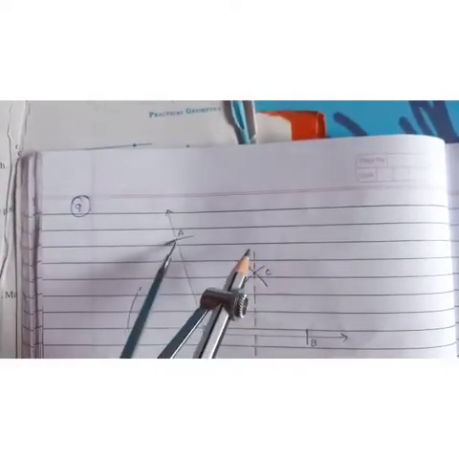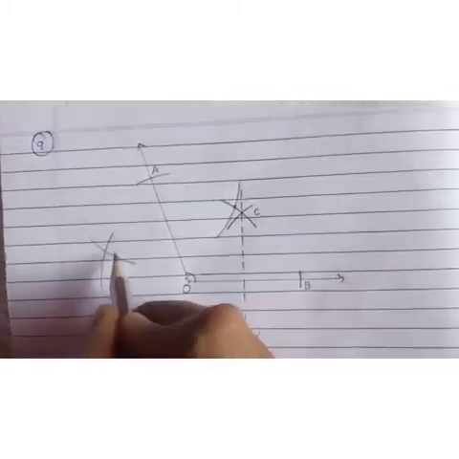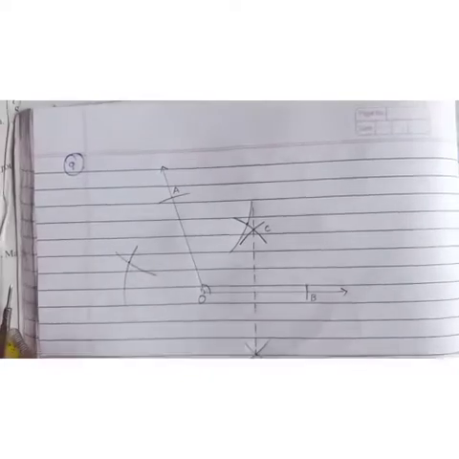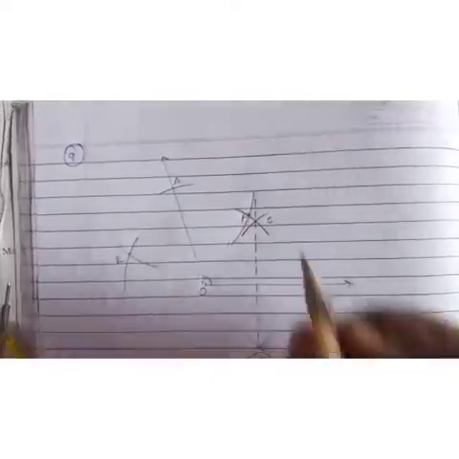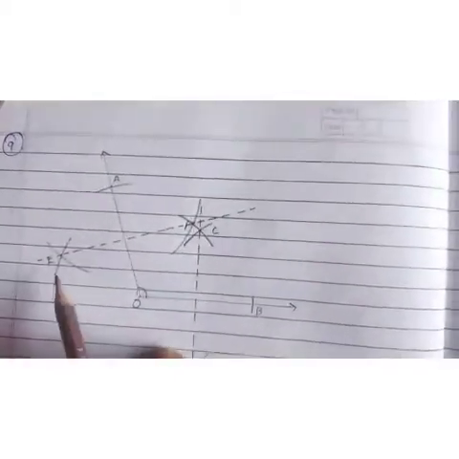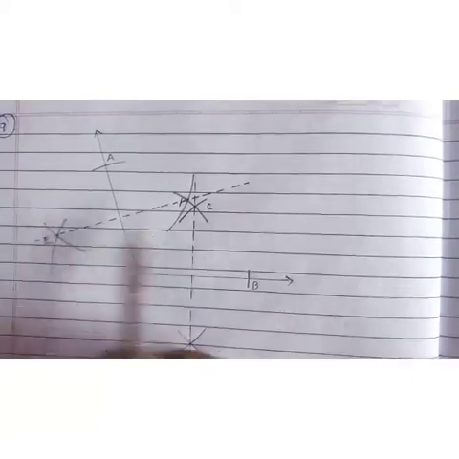Now with this as center, draw it here and here. Now we got 2 points, isn't it? One is this one and another one is here. Mark them as E and F. Now join these 2 points. I have drawn a line joining E and F.